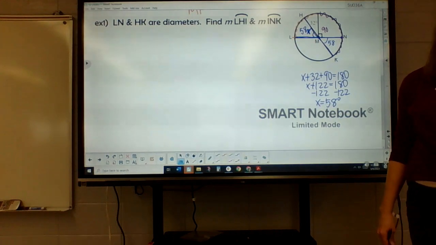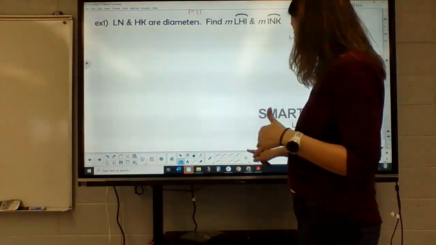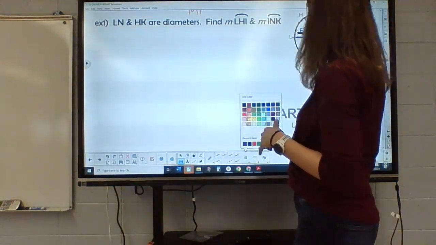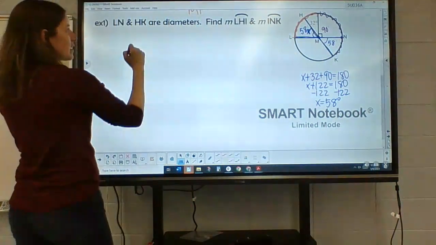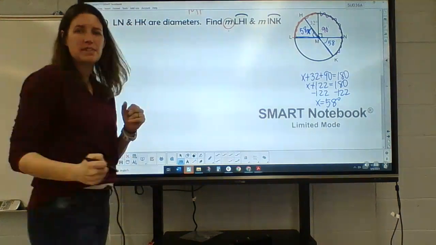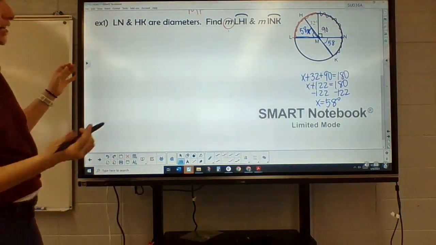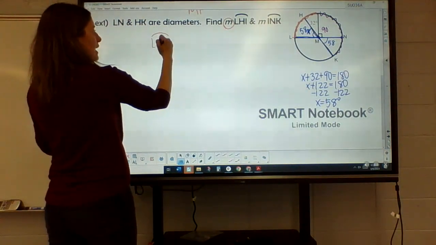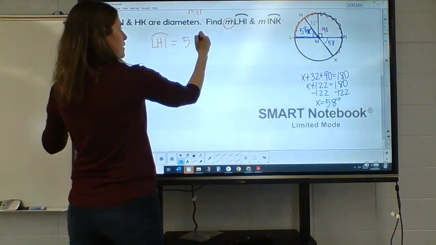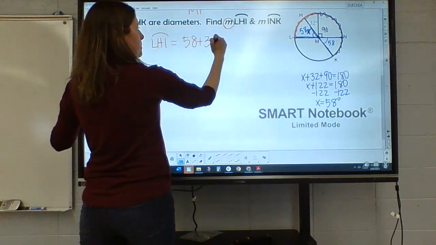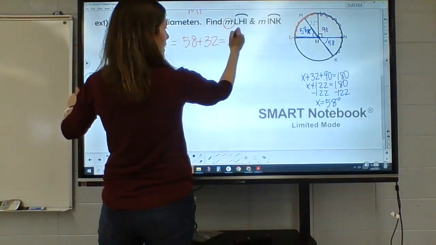So now I should be able to figure out the arc LHI. So LHI is this. And so that's just those 2 angles together. And they use this little measurement thing. It just means the measurement of that arc. So LHI is going to be 58 and 32 together. Oh, and so that ends up being 90.